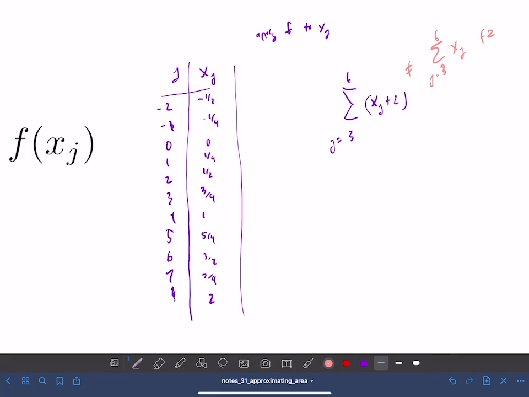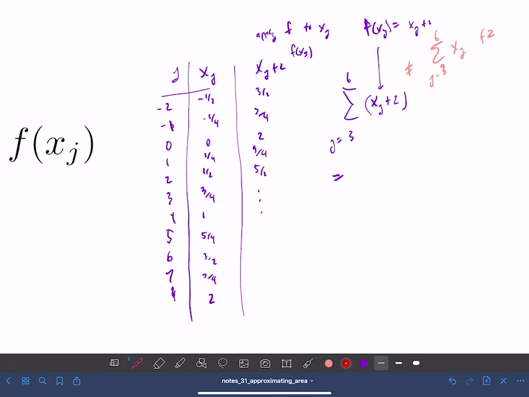Let's replace my f with something specific then. Let's make it be x sub j plus 2. It's still my f of x sub j. So f of x sub j is equal to x sub j plus 2. So it'd be like 3 halves, 7 quarters, 2, 9/4, 5 halves, etc. So that sum here is equal to, I'm summing up which ones?